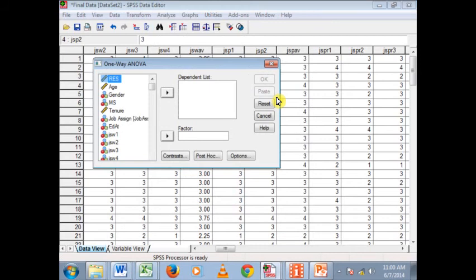What are the variables we're going to have as a dependent list variable? The job satisfaction. What else? Job assignment and educational attainment. Since the factor is job assignment.